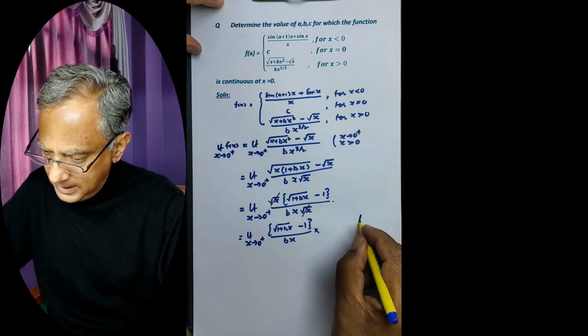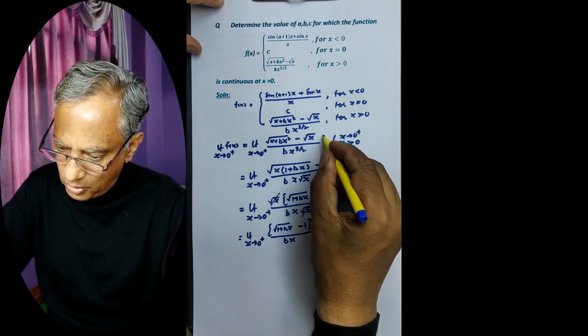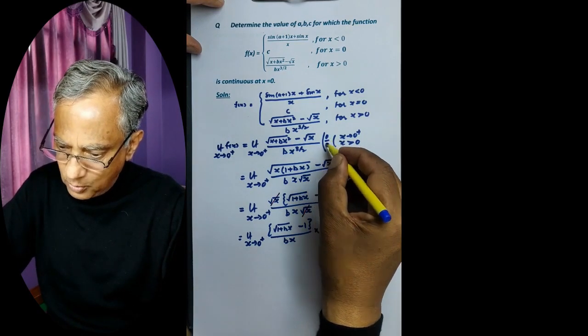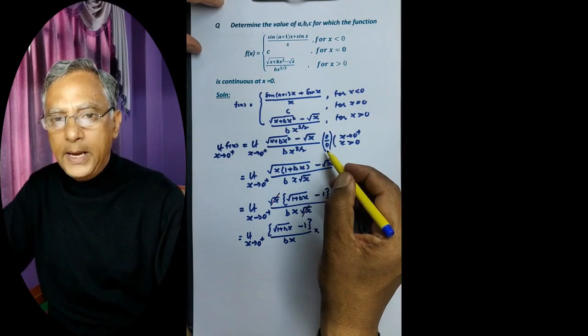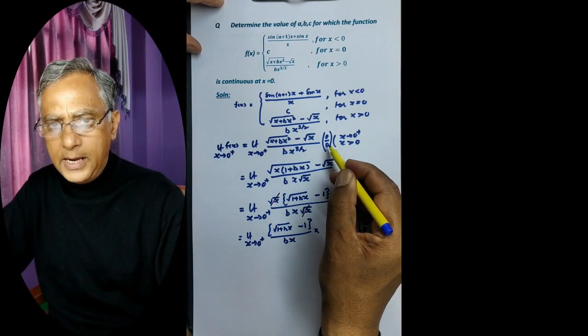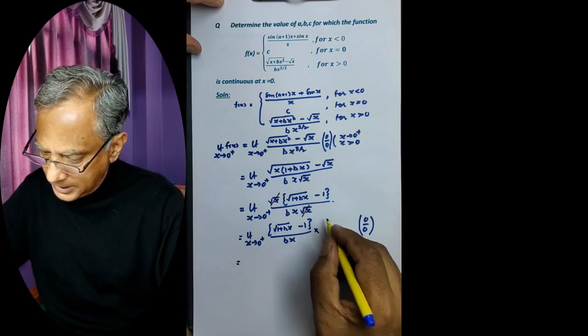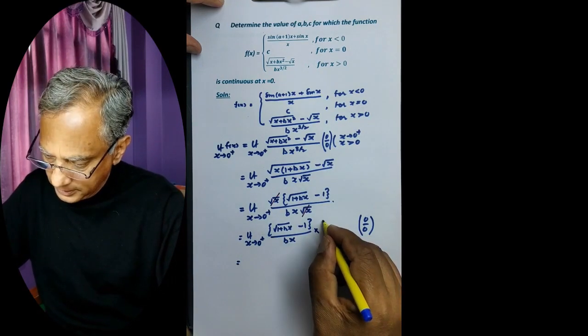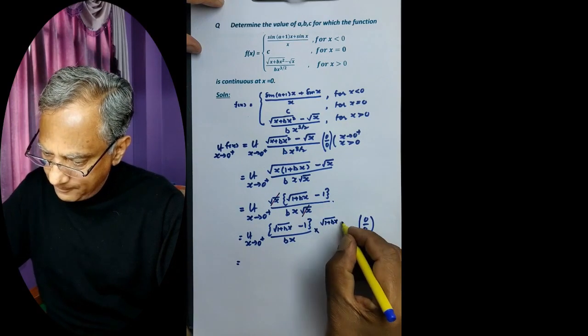Originally the question was in 0 by 0 form. We have not been able to remove the 0 by 0 indeterminate form. So what we do is we rationalize the numerator, that is multiply by root 1 plus bx plus 1.